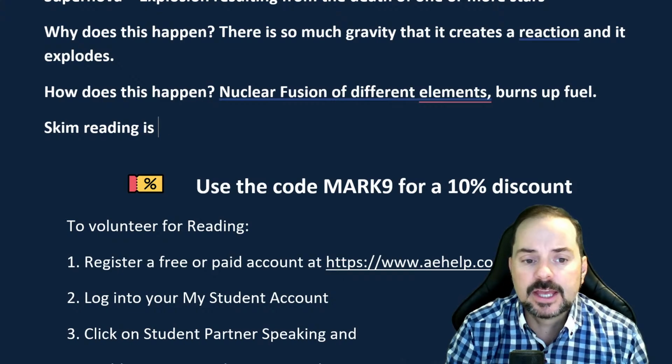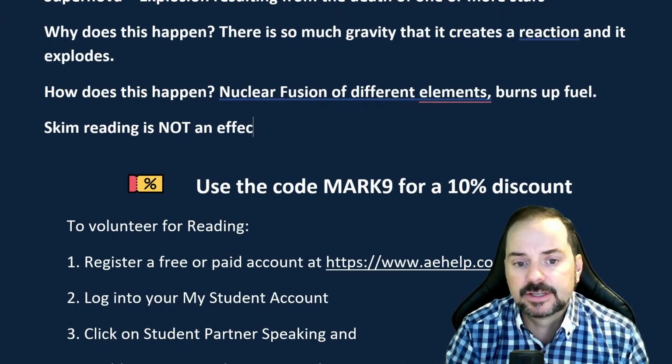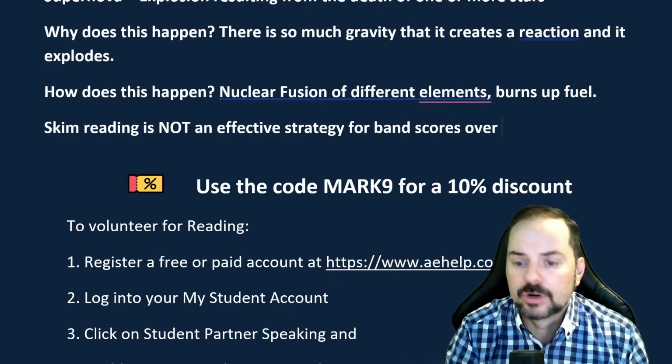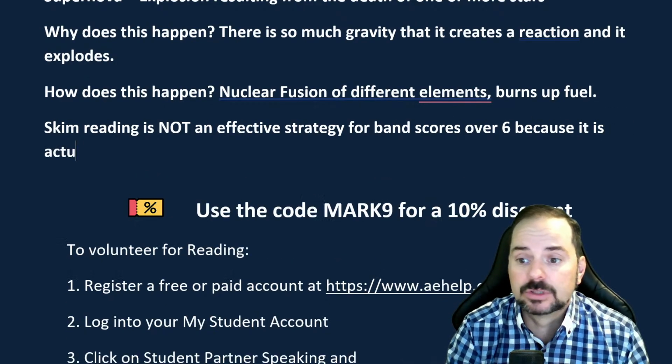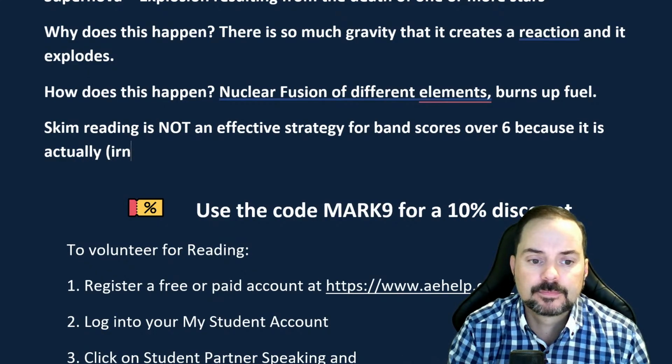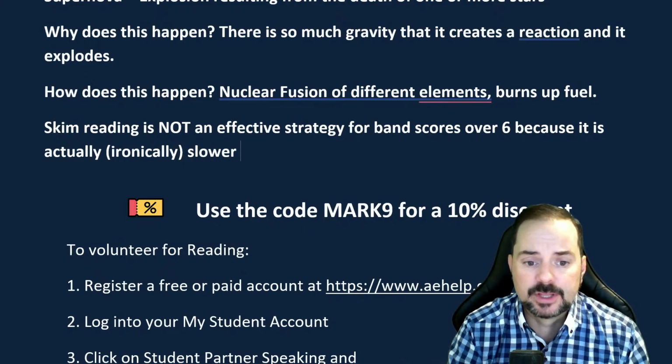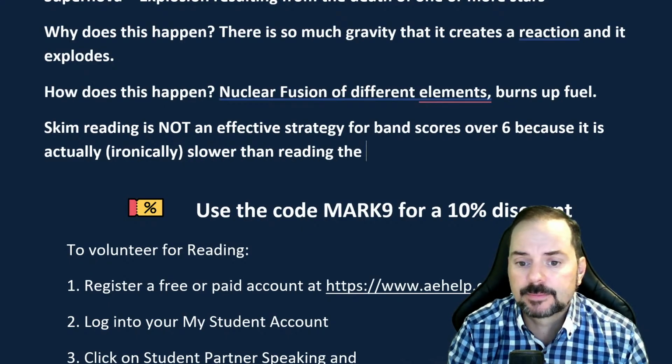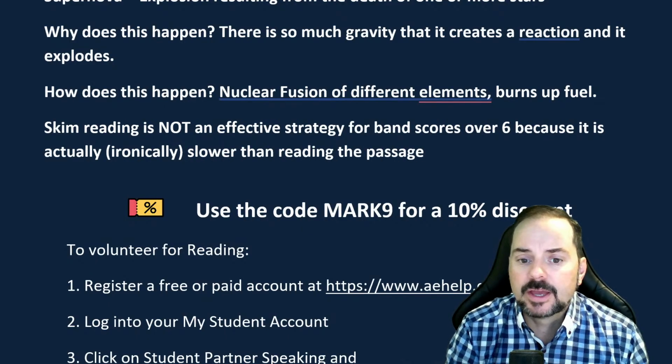Skim reading is not an effective strategy for band scores over 6 because it is actually, ironically, slower than reading the passage.